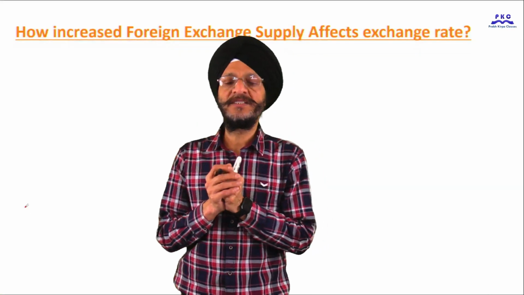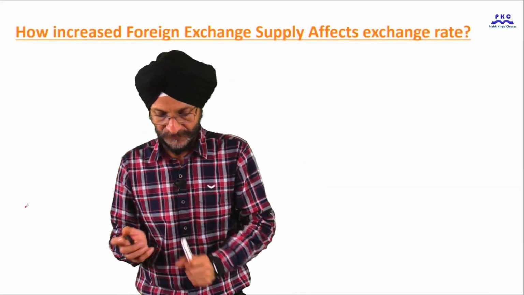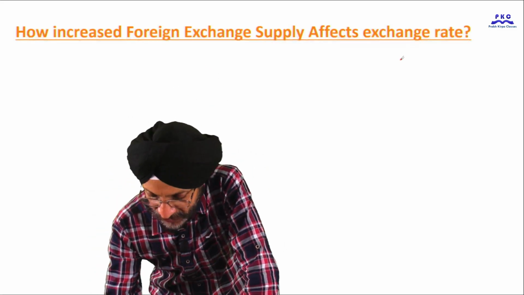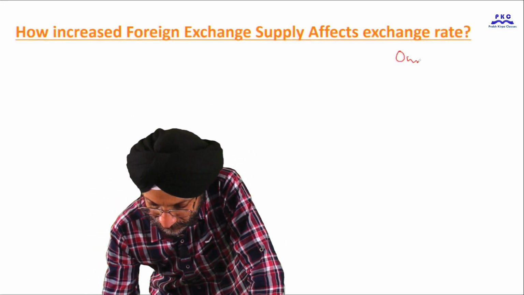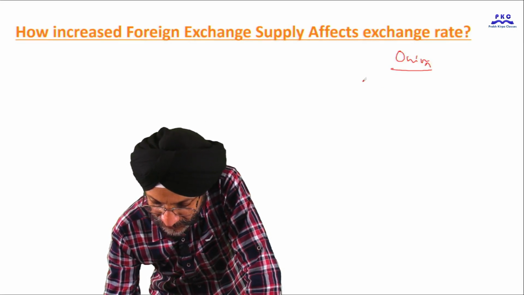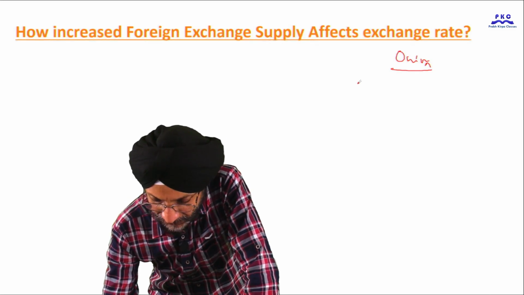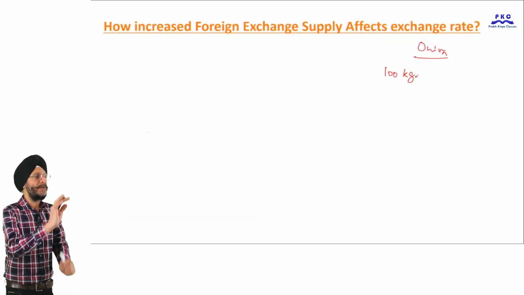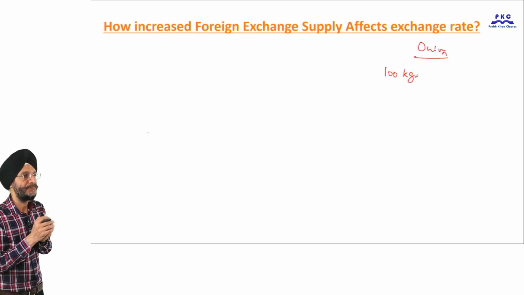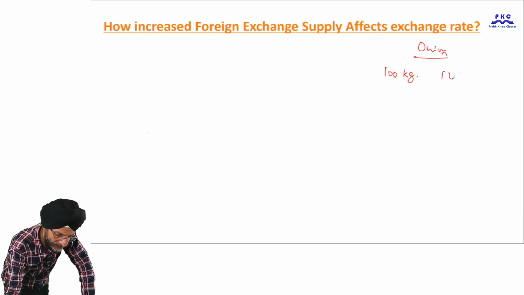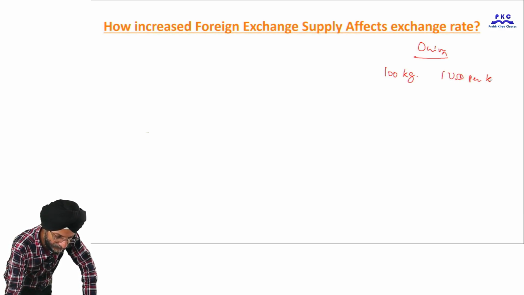Now the topic before us is how increased foreign exchange supply affects the exchange rate. We will understand this concept with the help of an example. Suppose we go to the market to purchase onion. In the market, 100 kg of onion is present for sale, and say its price is 1 US dollar per kg.